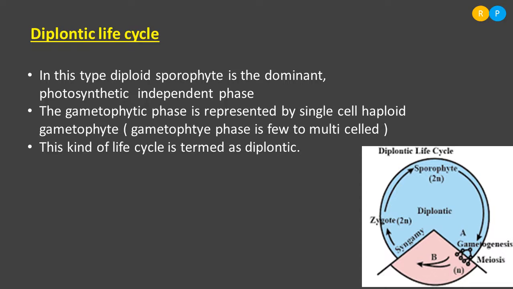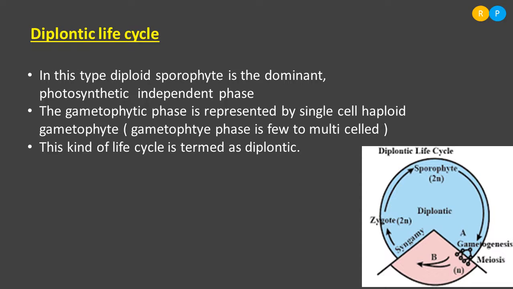The main plant here is a sporophytic plant, right? So, in order to produce the haploid gametes, the plant should undergo meiosis. So, by means of meiosis, it produces haploid gametes. Those haploid gametes represent the gametophytic phase here.